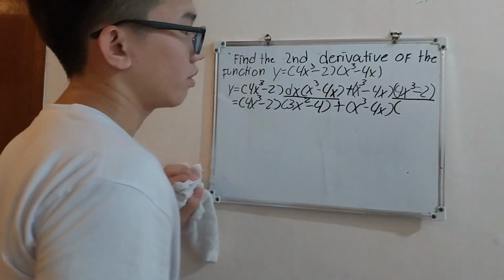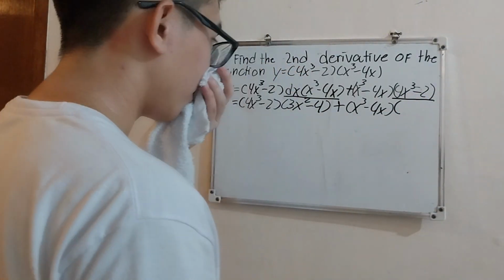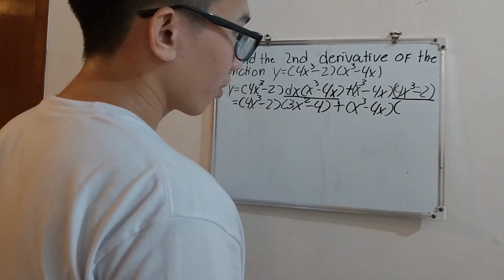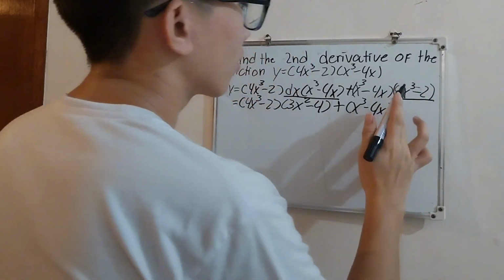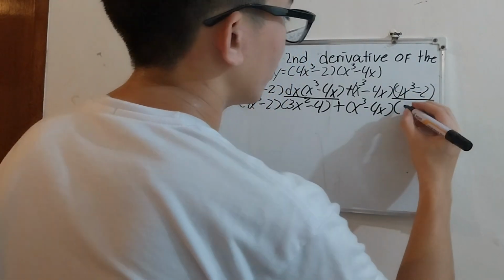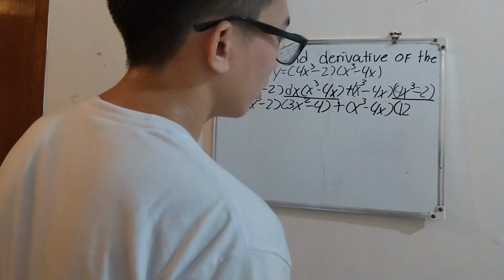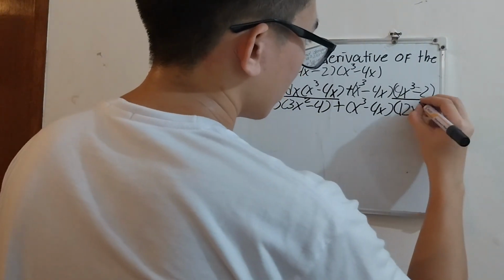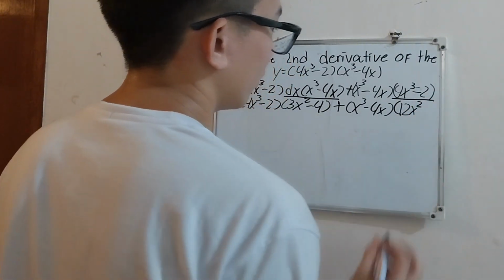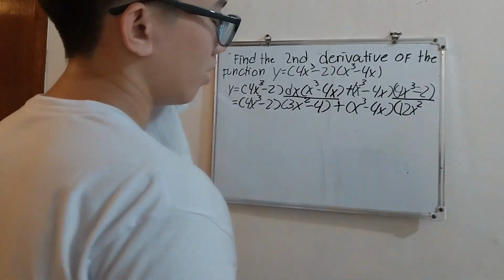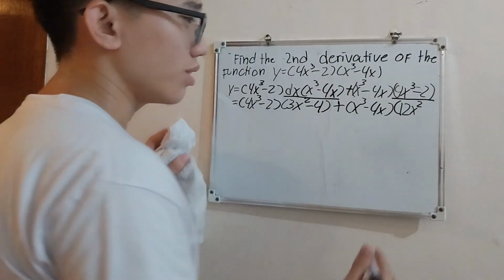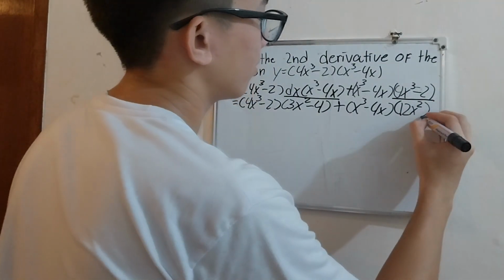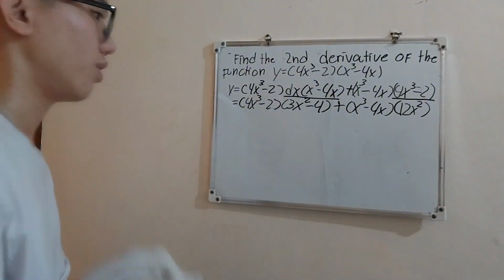As for our simplification, 3 times 4 equals 12x squared. You don't have to put the negative 2 since it is a constant number, so it always equates to 0.